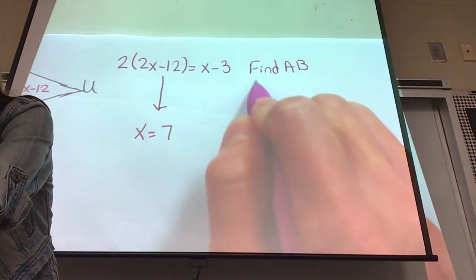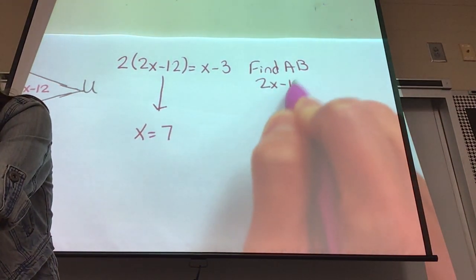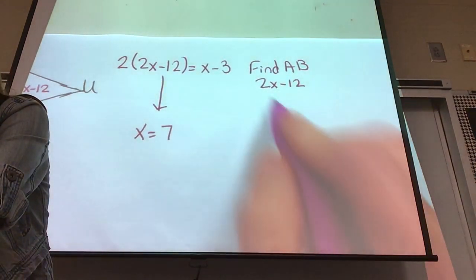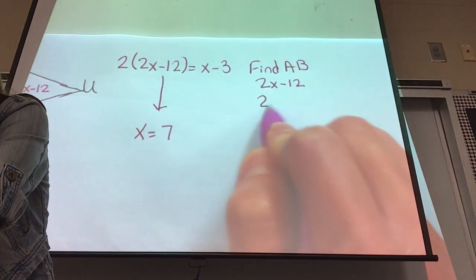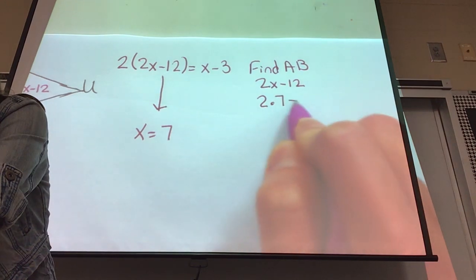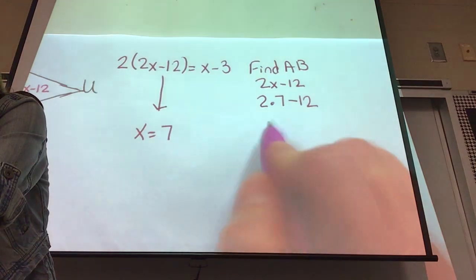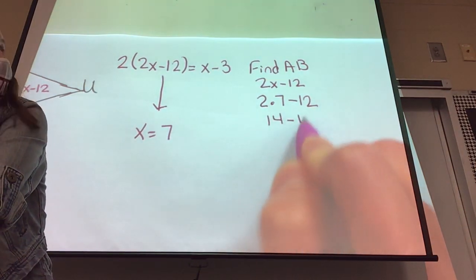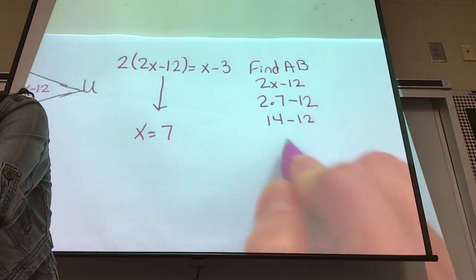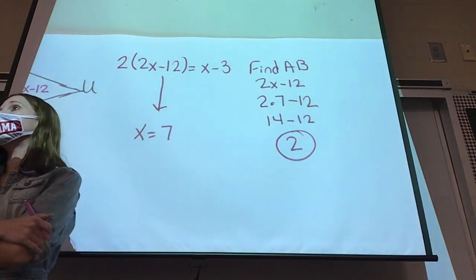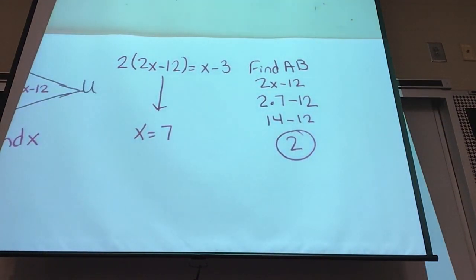So AB is the 2x minus 12. Plug it back in and it becomes 2 times 7 minus 12. So that's now 14 minus 12, which is 2. So a lot of yours is just going to be read the questions.